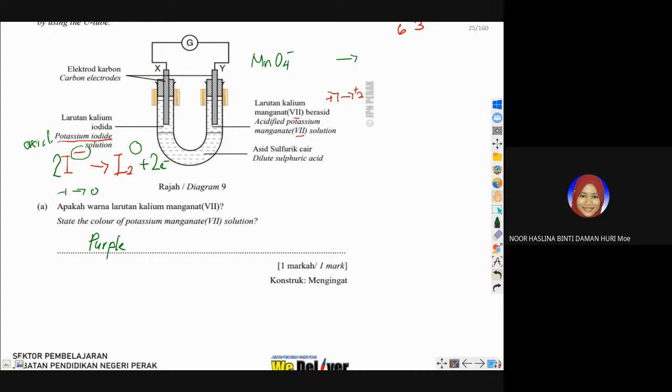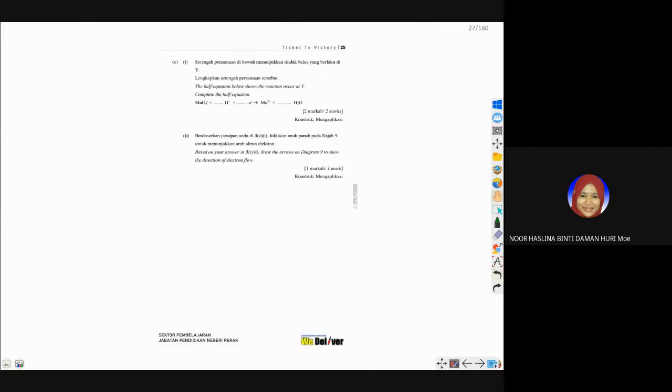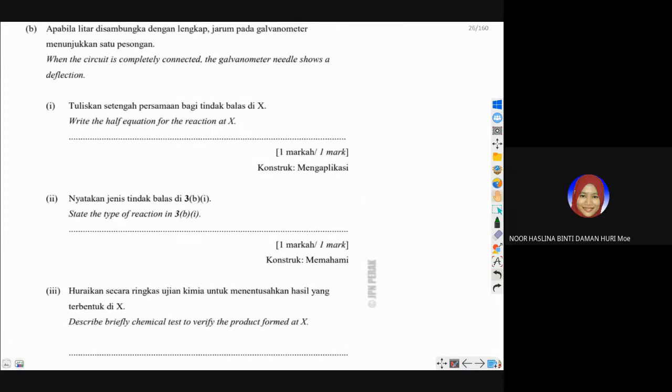Okay, itu X. Manganate dekat Y. Lupa pula manganate dekat Y. So, this one you akan dapat 2 iodide ion, I minus, produce iodine plus 2 electron.